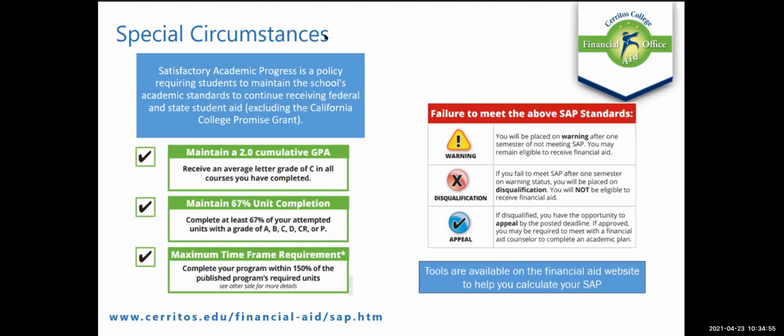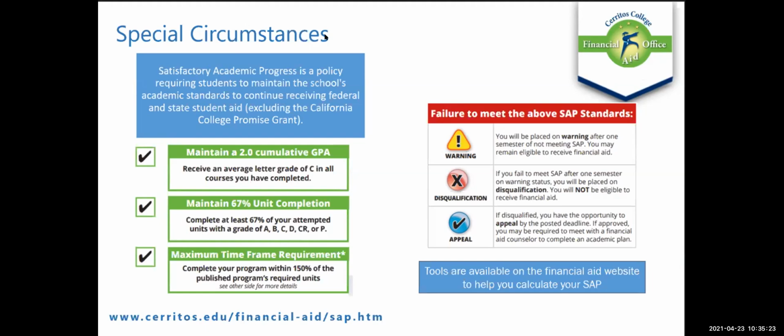So what happens if you don't meet SAP? The first notice will be that you are placed on warning. If you're placed on warning for a term, you'll still continue to receive your financial aid for that term, but not future terms if you continue to not meet SAP. Let's say you were put on warning for spring and now you're getting ready to enroll for fall.